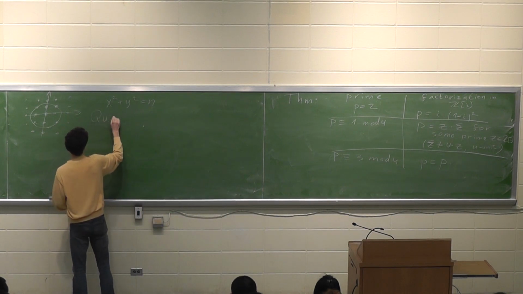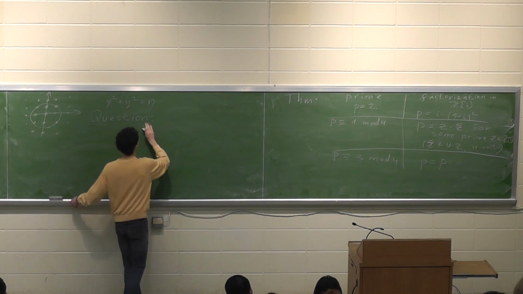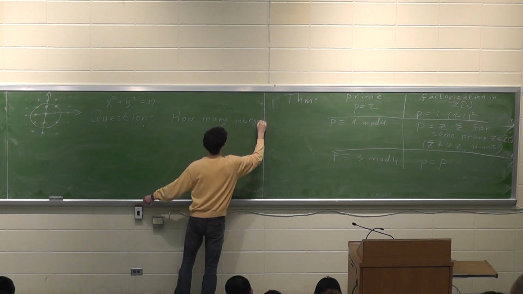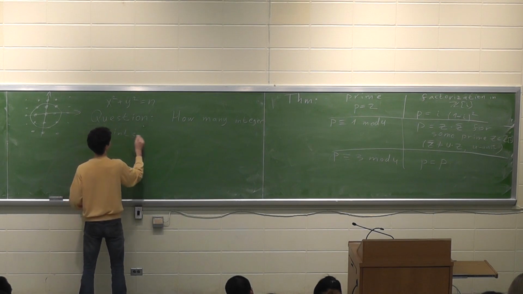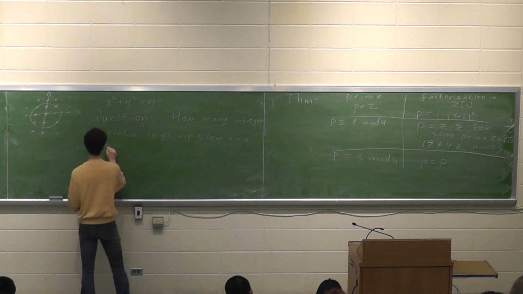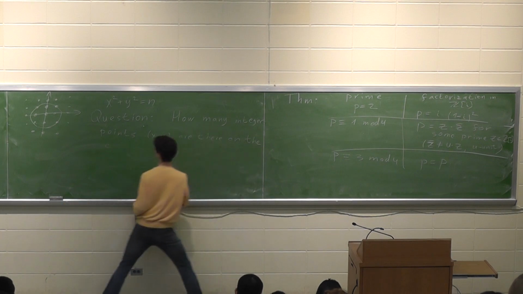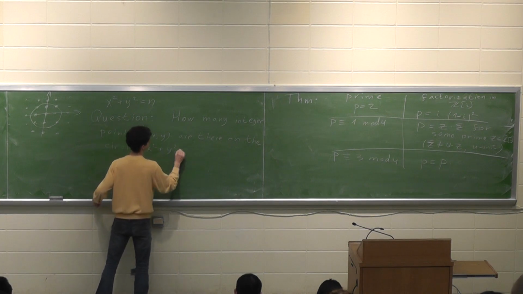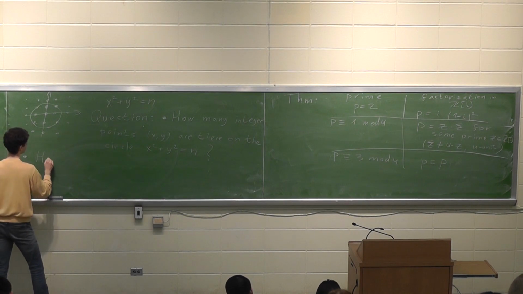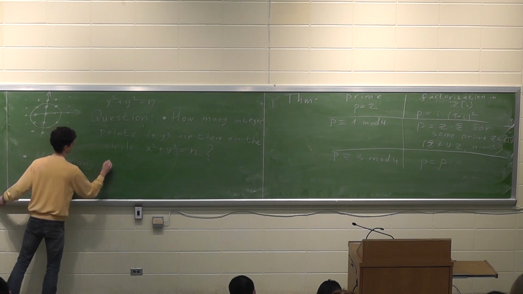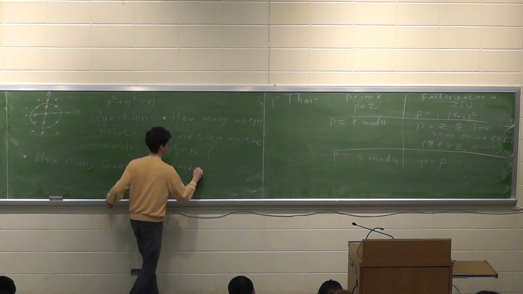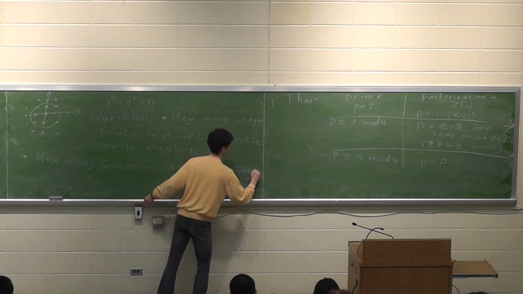So, question. How many integer points (x, y) are there on the circle x squared plus y squared is equal to n, equivalent to how many Gaussian integers of norm n.